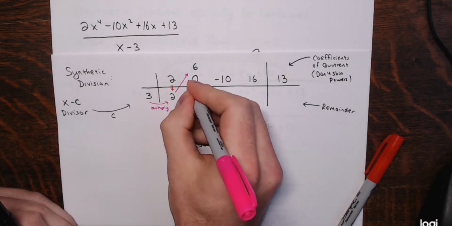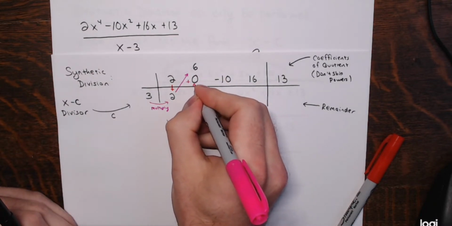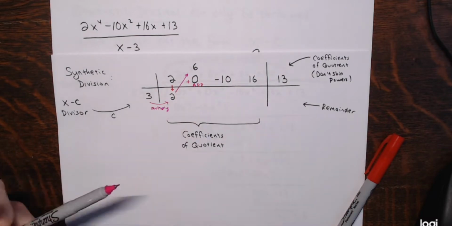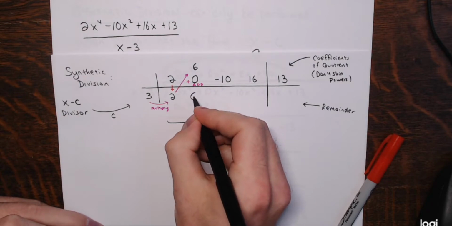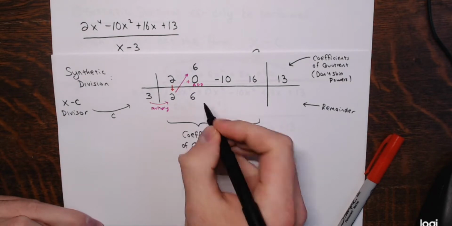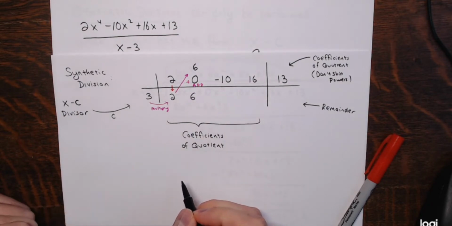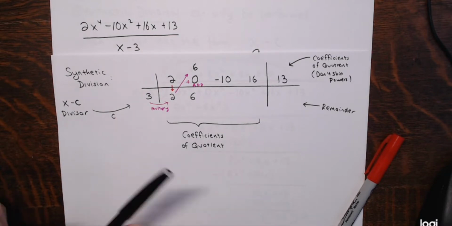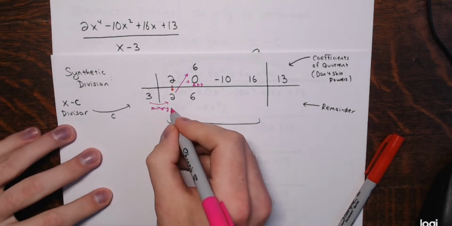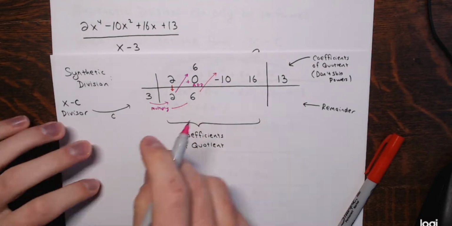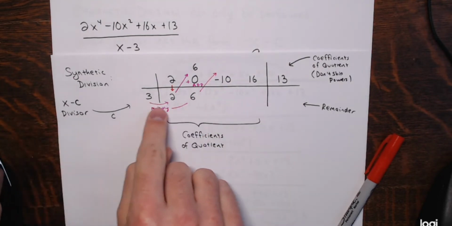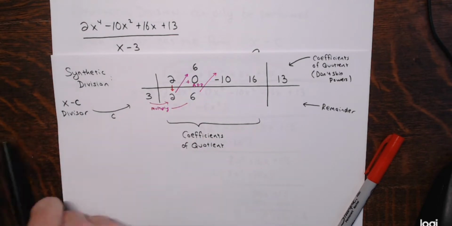Then we add. 6 plus 0 is 6, and that gives me the next coefficient in this quotient area. And then you just keep doing that. Multiply by c, multiply by 3. 3 times 6 is 18.